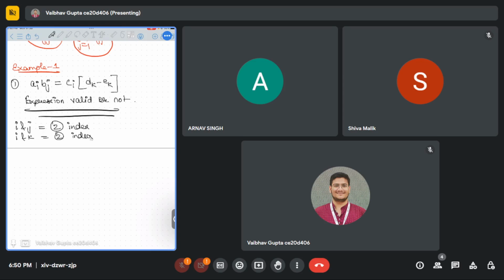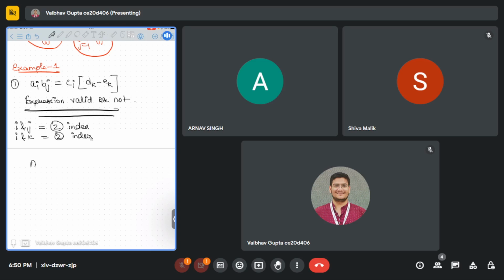Now see, a new index cannot come if we are not multiplying. Like here in the left hand side we have two indices I and J. So the resultant should have two indices, in any form, but it should be those two indices only. We cannot introduce a new index.